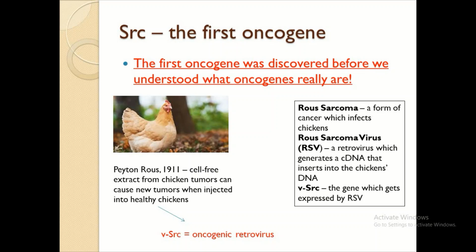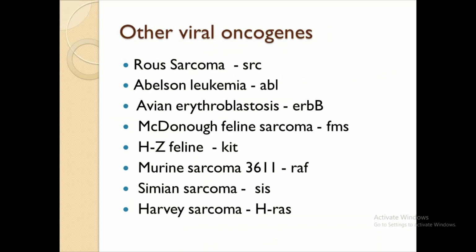It generates a cDNA that inserts into the chicken's DNA. V-SRC was the viral SRC, that means the gene expressed by the Rous sarcoma virus. The names include Rous because Rous discovered all these events.